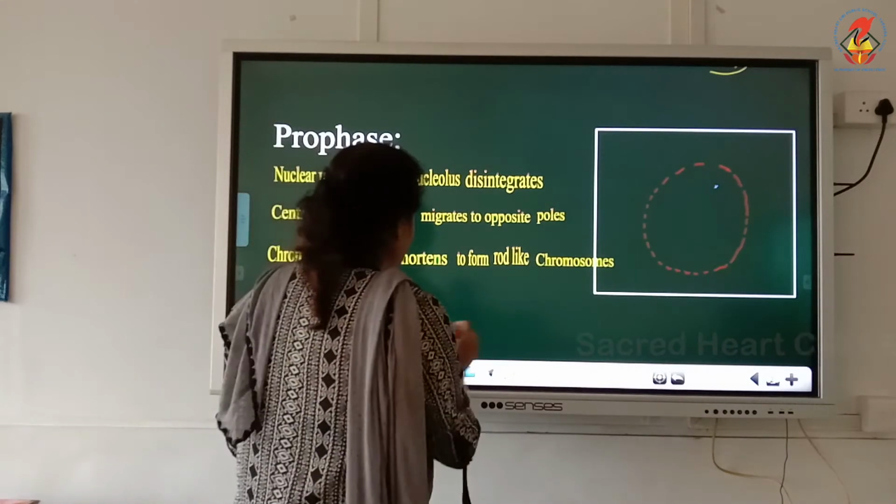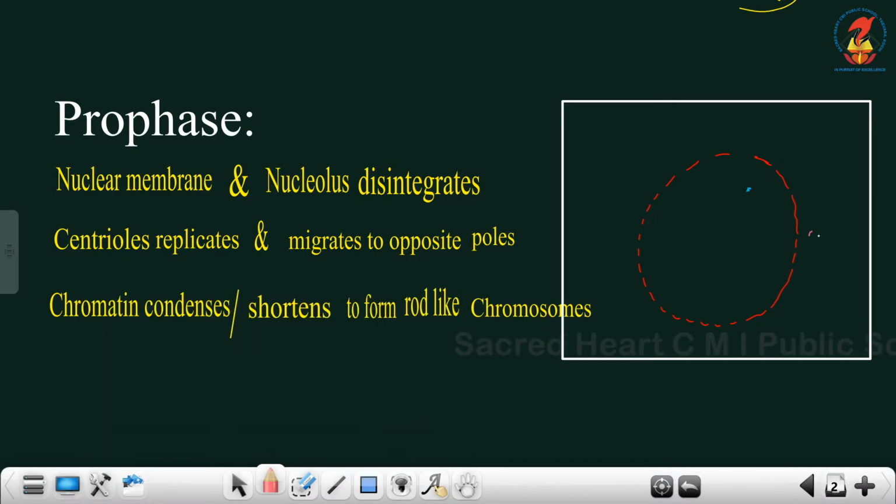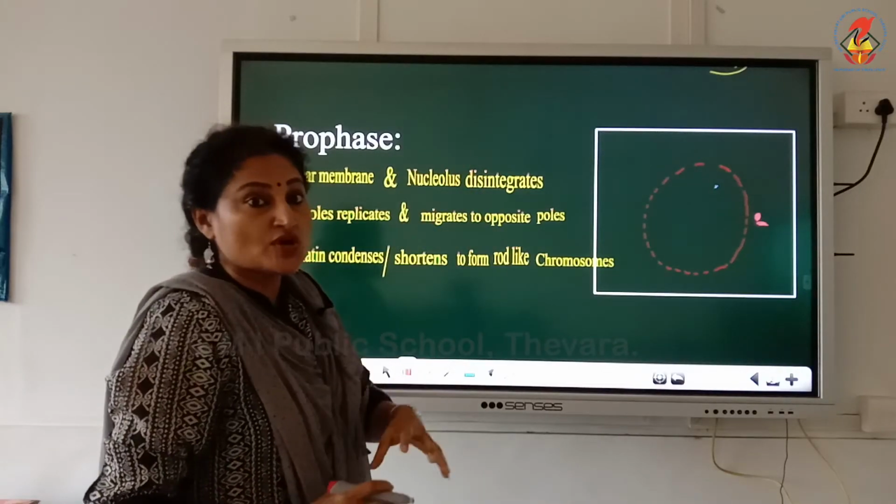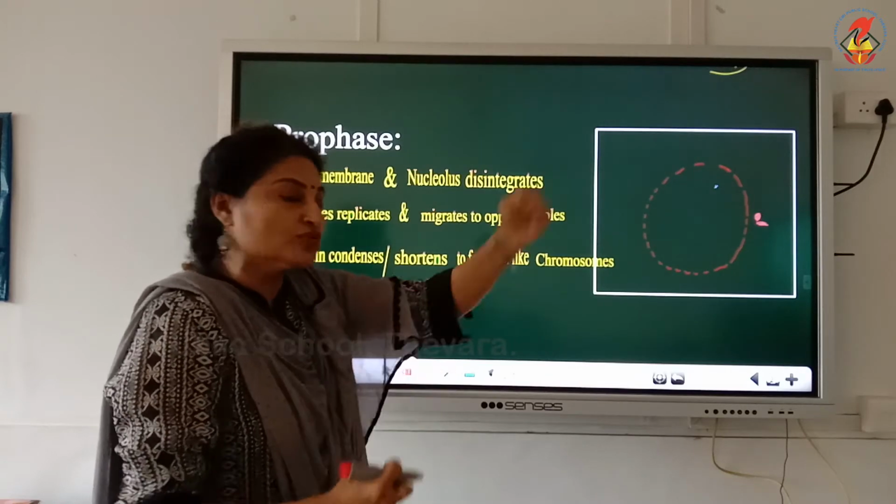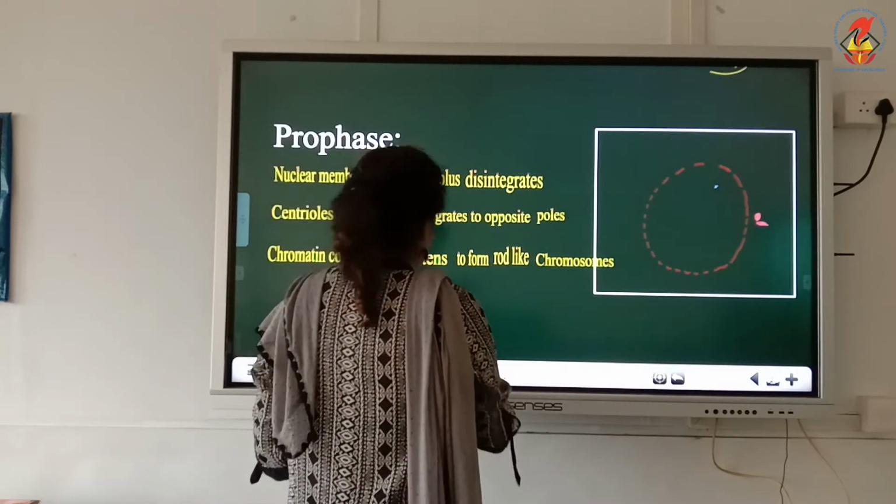Next, look at the centrioles. I have represented the centrioles here as two cylinders. Now, what happens is they split and move to the opposite poles. The correct word, they replicate and move to the opposite poles.